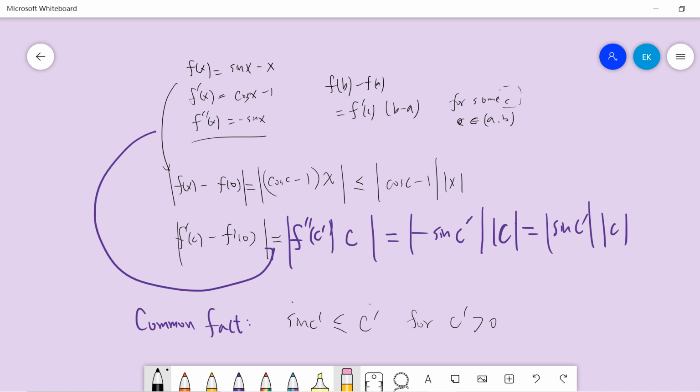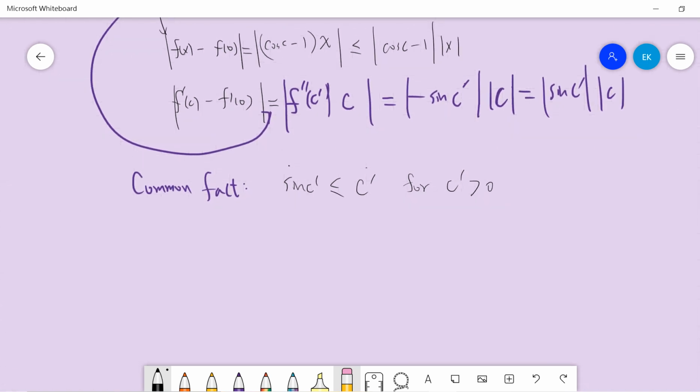How to prove this? This is simple. To prove this, we can consider f of x equal to sine x. So sine x minus sine 0 equals some derivative, some cosine c times x.